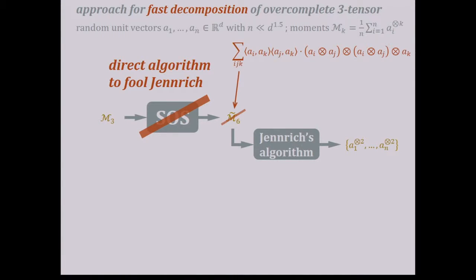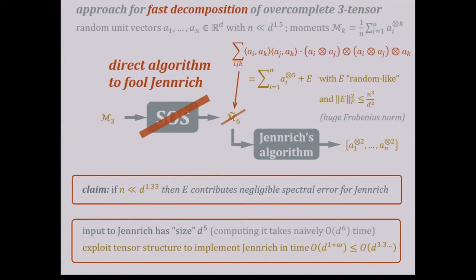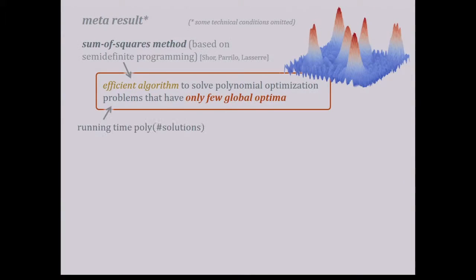And this turns out to fool Jenrich's algorithm in the same sense that the moments of the distribution that we computed before fooled Jenrich's algorithm. And this gives a fast algorithm. In particular, it runs in time d to the 3.33. Okay, I can also skip that.